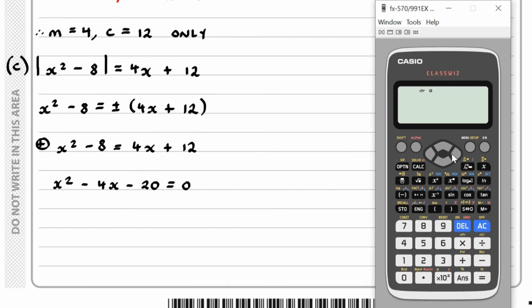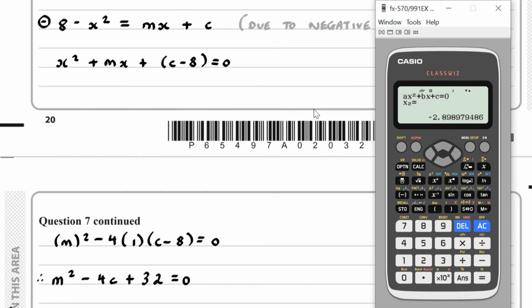Let's find out what x is. What we end up with is x equals 2 plus 2 root 6, and we also would have the minus of this as well.